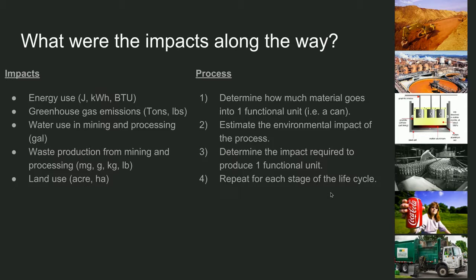For the mining operation, for the alumina production, for the aluminum production, for the can fabrication, for the grocery store, for all of these, you basically want to detail all of the environmental impacts that they're having, and you want to be able to calculate the portion of those environmental impacts that are associated with the single can or the single pair of hands that are being dried or the single car that is being produced.